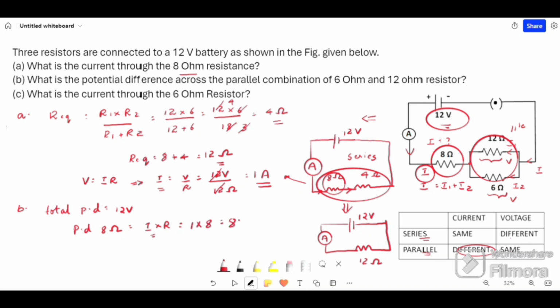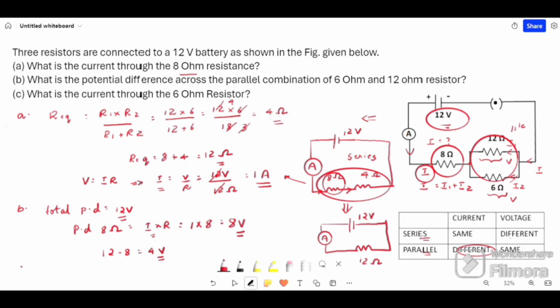So it is 8 volt. Now we know total is 12 volt and 8 volt is across 8 ohm. So remaining will be 12 minus 8, that is 4 volt. So remaining 4 volt will be seen across this parallel connection of 12 ohm and 6 ohm. This is the answer for B question.